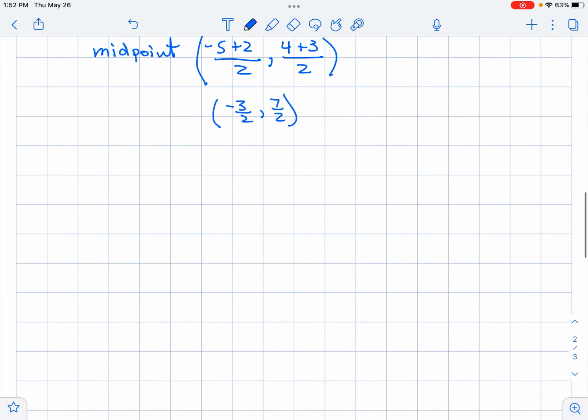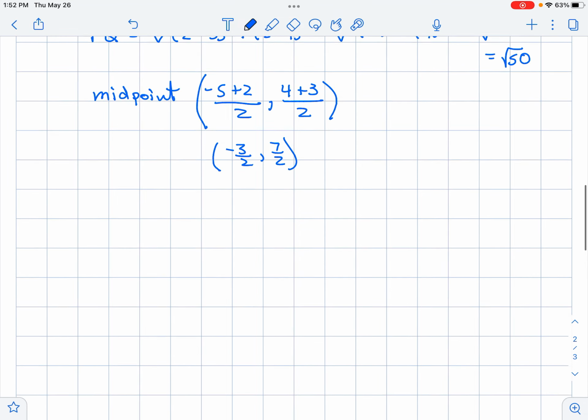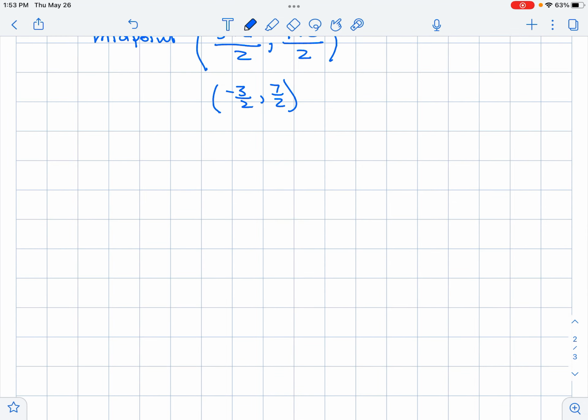Now, while we're talking about this midpoint thing, let's suppose we have a segment. Let me make this a length. Let's suppose 1, 2, 3, 4, 5, one more, 6.